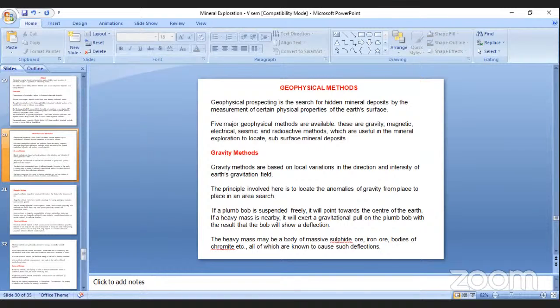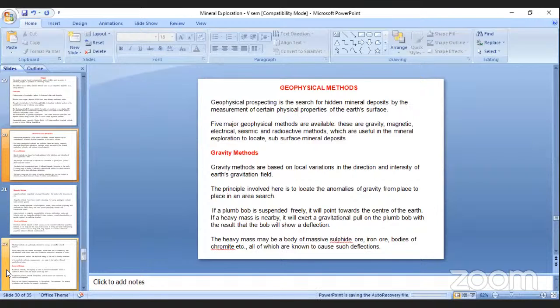First we will see the gravity methods. The gravity methods work based on local variations in the direction and intensity of the Earth's gravitational field. Depending on this, the gravity methods are used.